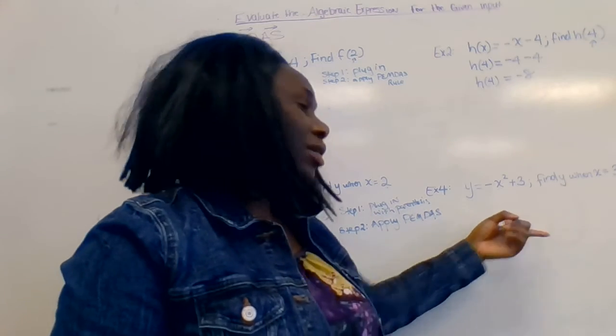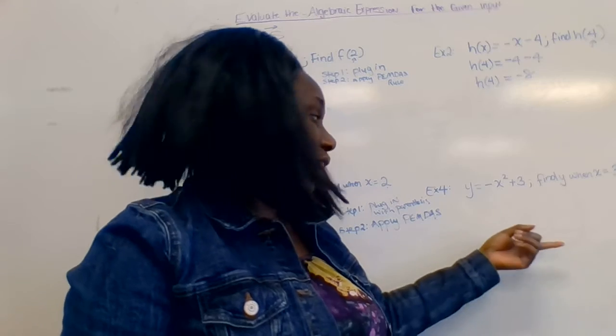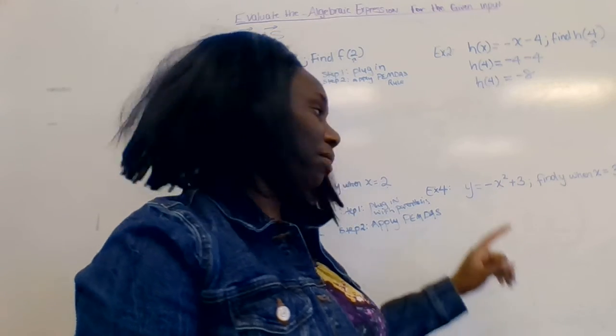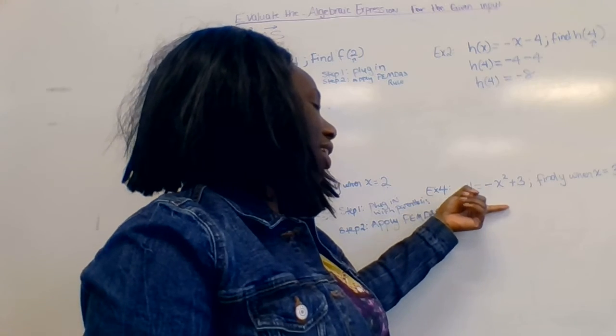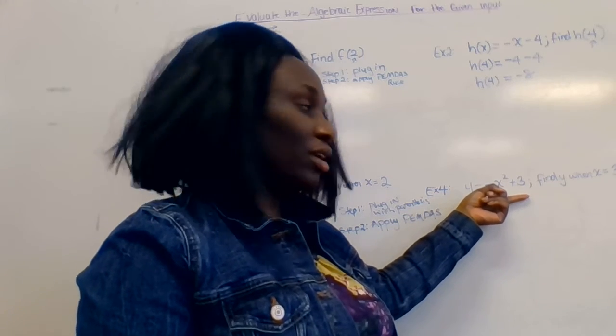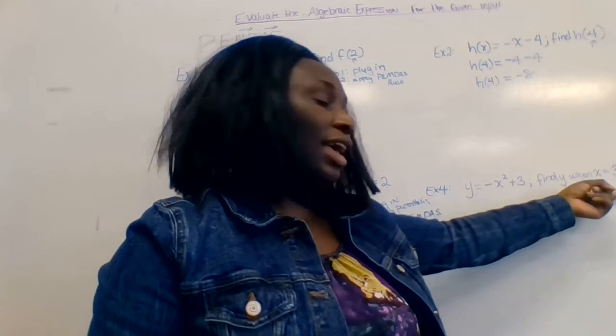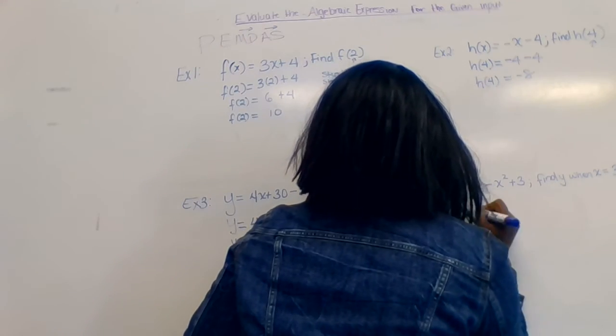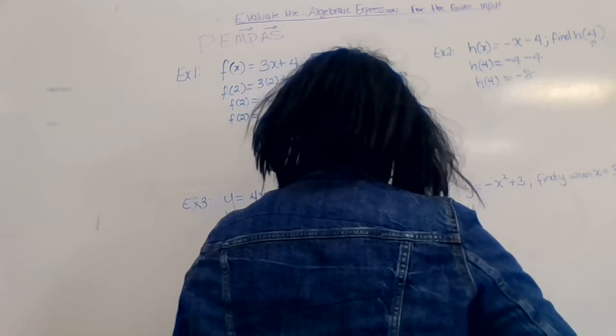Last example. This is a little different because it's not linear. It has an exponent that's bigger than 1 for my x. It tells me y is equal to negative x squared plus 3. Find y when x equals 3. I'm just going to rewrite my problem.